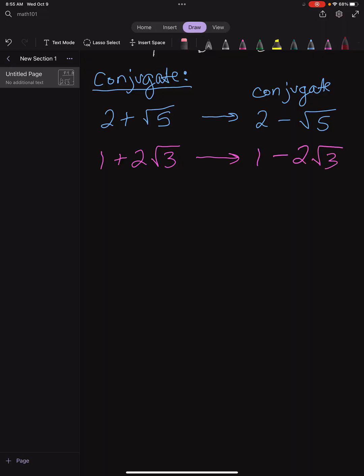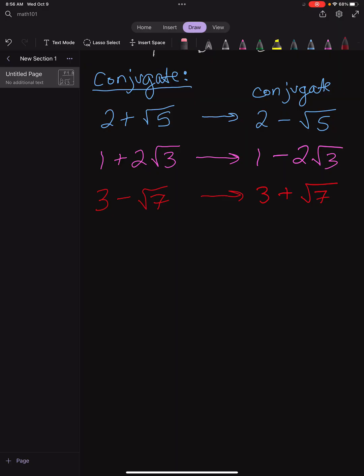Hopefully you can see the pattern. All we're going to do is change the sign that's in between the number in front, that's a whole number, and then the number that's attached to the square root. So for example, if this was 3 minus root 7, the conjugate would be 3 plus root 7.